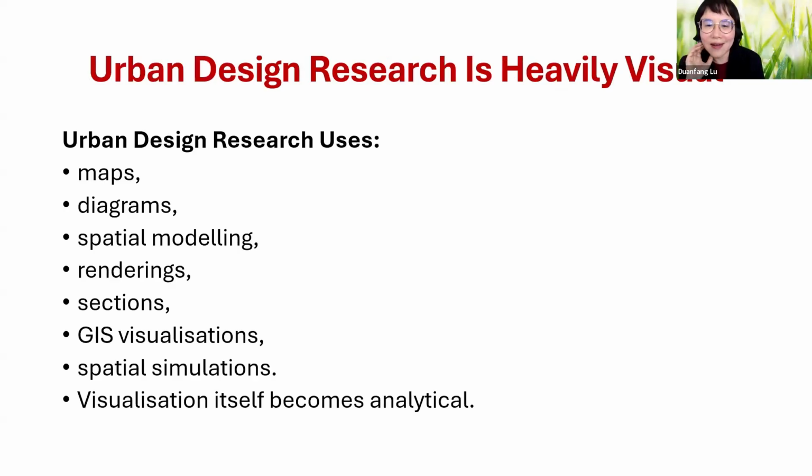You always use visual means such as maps, diagrams, spatial modeling, renderings, sections, and GIS visualizations, not only to communicate your ideas, but also as a way to structure your thinking and use the visual data to do analysis to reach certain findings.